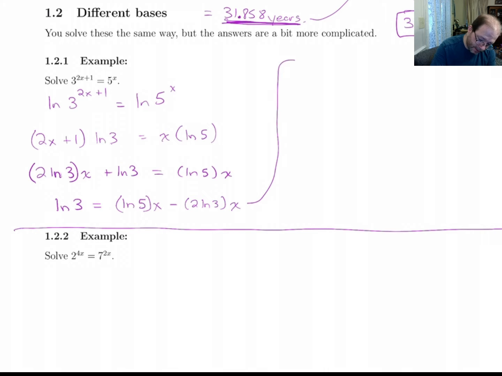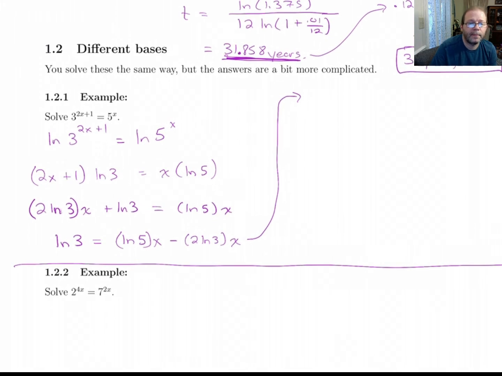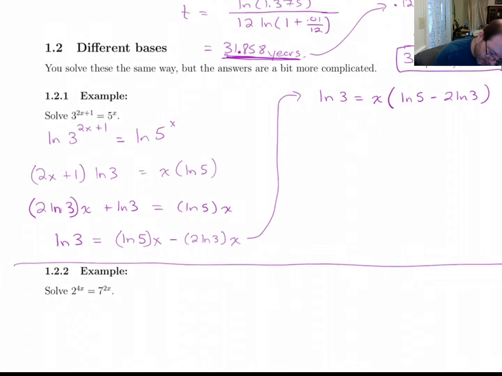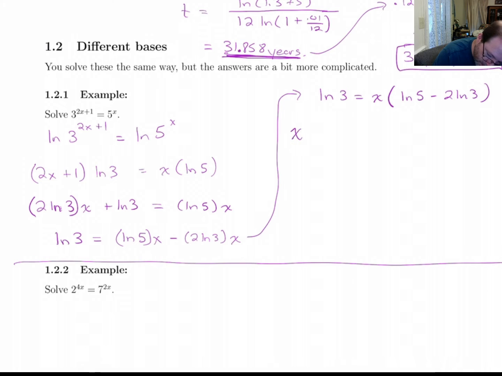All right, let's take this up here. I'm going to factor my x out, so I'll get ln 3 is equal to x times ln 5 minus 2 ln 3. And so x is equal to ln 3 over ln 5 minus 2 ln 3.